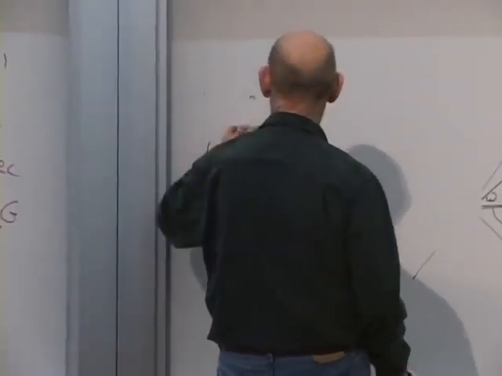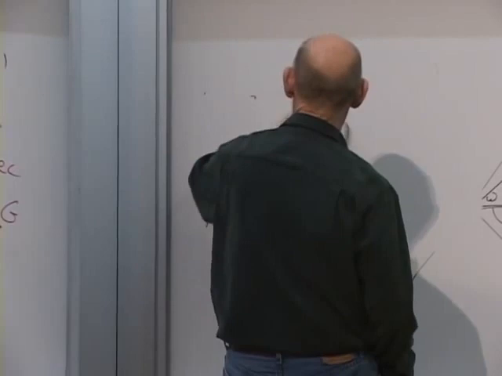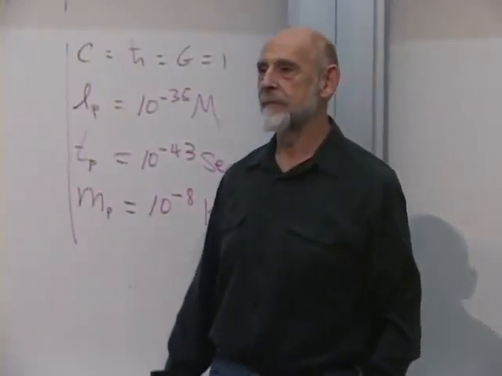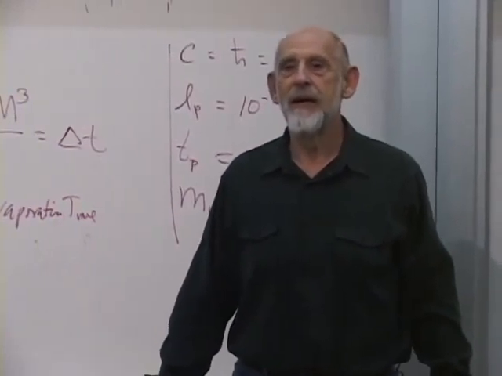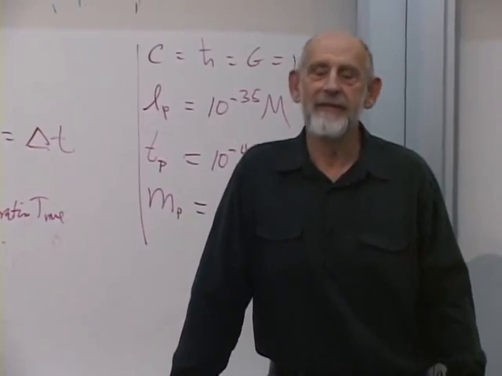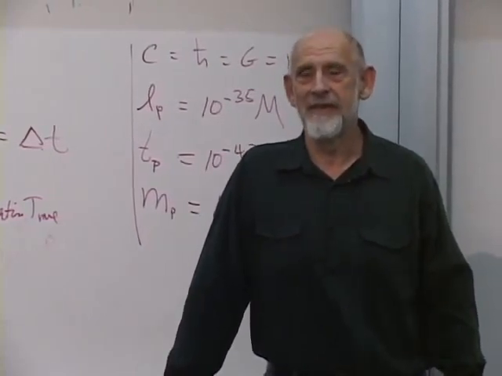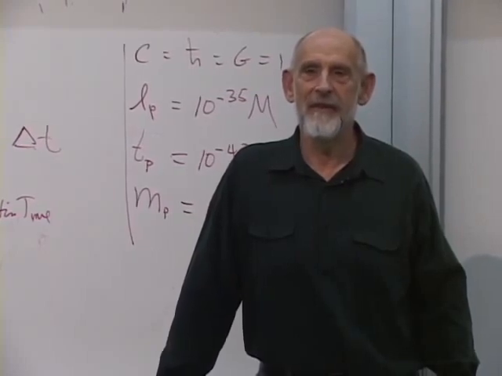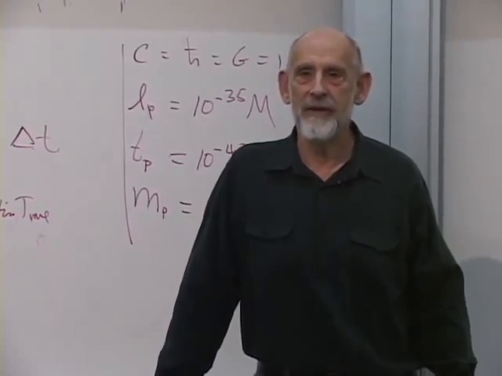We have to convert those. A cubic kilometer is 10 to the 6 cubic meters, times 100, 10 to the 7 cubic meters.